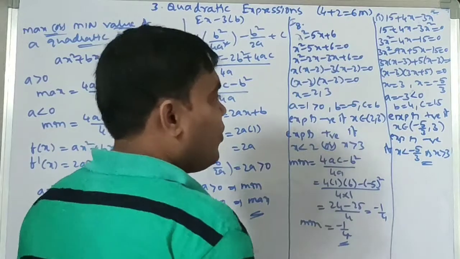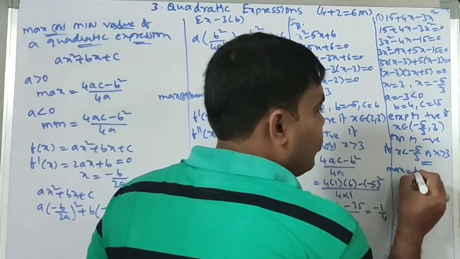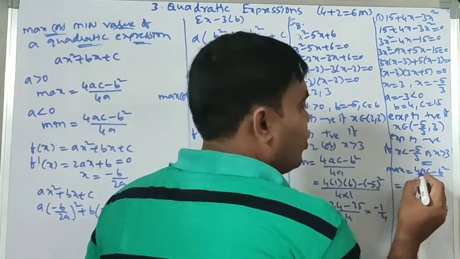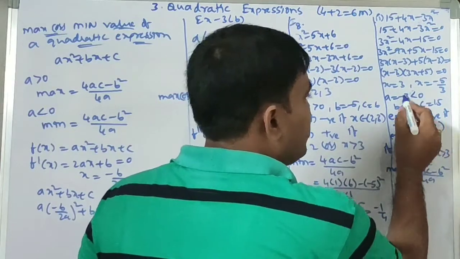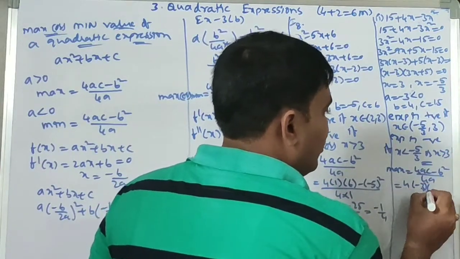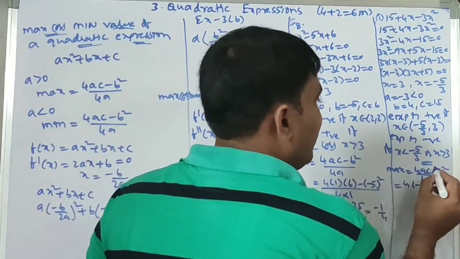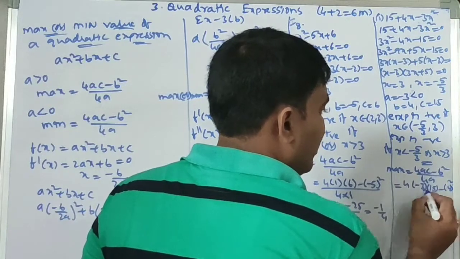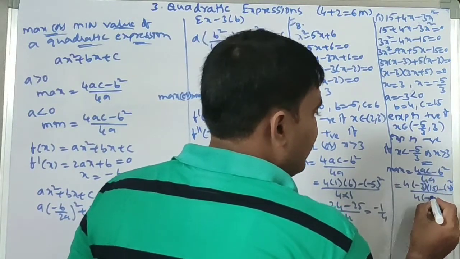Now I want to find, since a is negative, we will get a maximum value, maximum is 4ac minus b square by 4a, which is equal to 4 into a value, minus 3, c value 15, minus b value 4 square, by 4 into a value, minus 3.